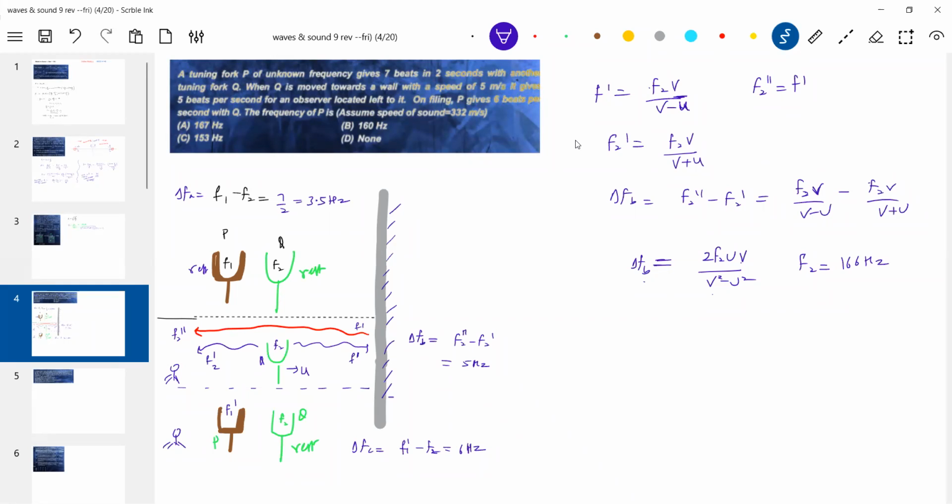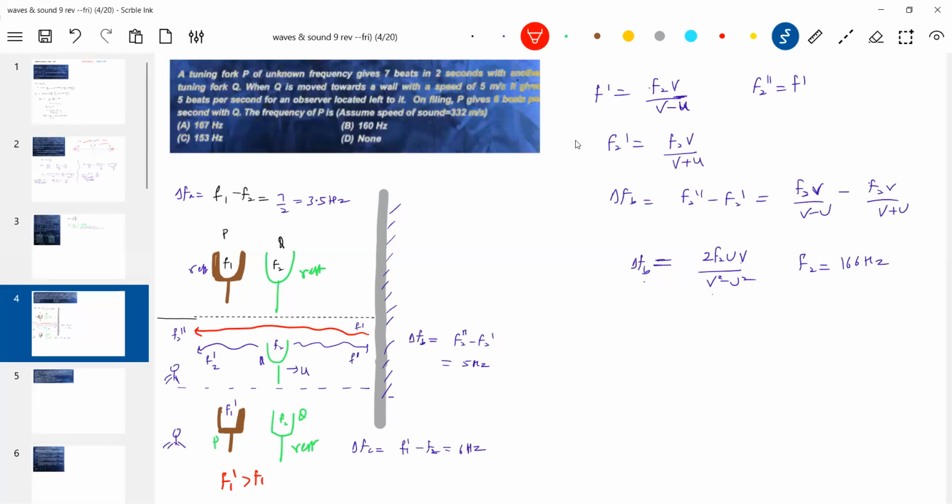Now, earlier the beat frequency was 3.5, no? After filing, it has become 6 hertz. So the number of beats has increased. When you file it, F1 dash should be greater than F1. Look at the condition: when you file it, frequency should increase.